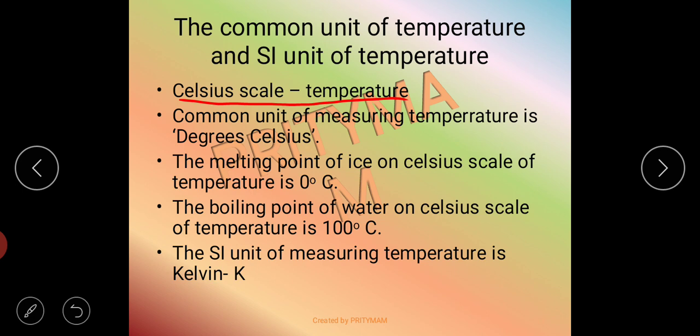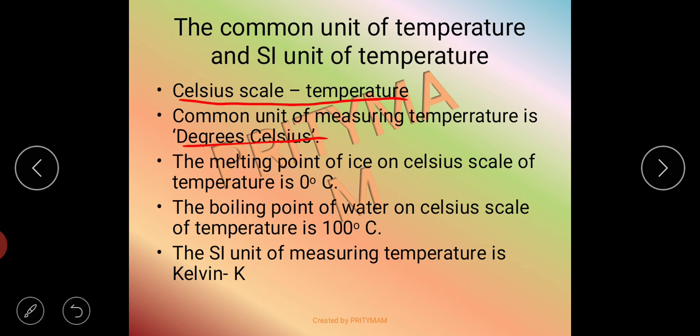The common unit of measuring temperatures like the melting points and the boiling points is the degree Celsius, which is written in short form as degree and C, capital C. The laboratory thermometers which we use for performing science experiments are all calibrated in degree Celsius. Even the clinical thermometer that we use for measuring human body temperature is calibrated on the Celsius scale of temperature.